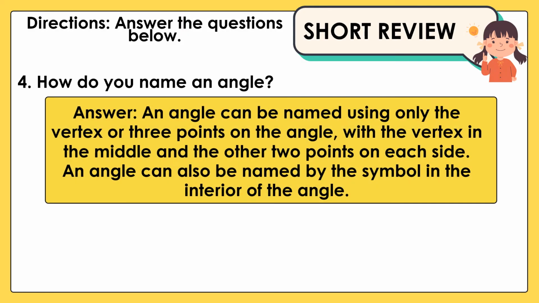The answer: an angle can be named using only the vertex or 3 points on the angle, with the vertex in the middle and the other 2 points on each side. An angle can also be named by the symbol in the interior of the angle.